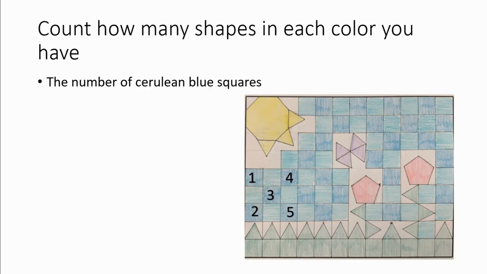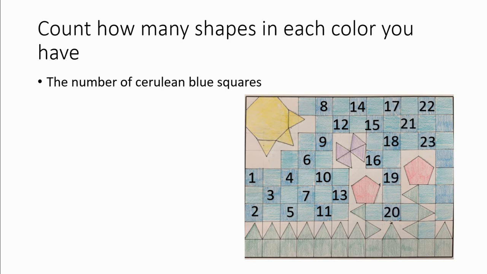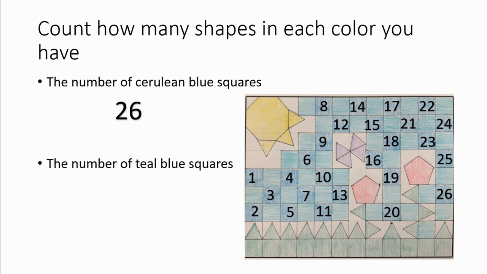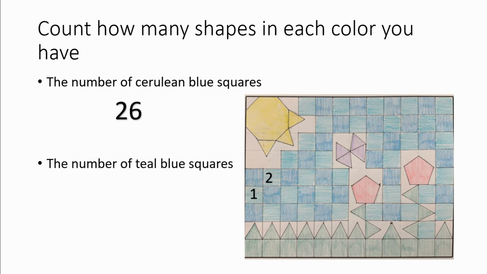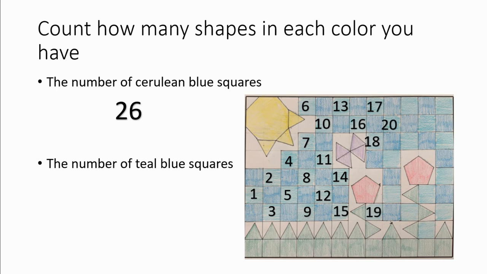The number of cerulean blue squares, because one type of blue wasn't enough for me, is 26. The number of teal blue squares is 32.